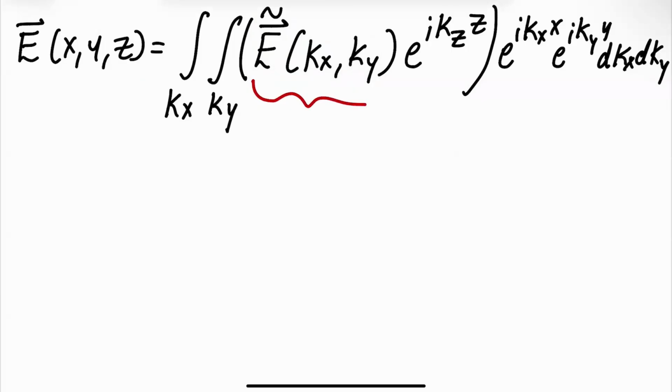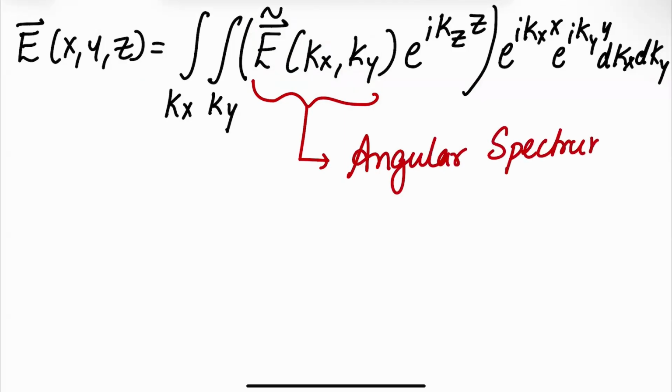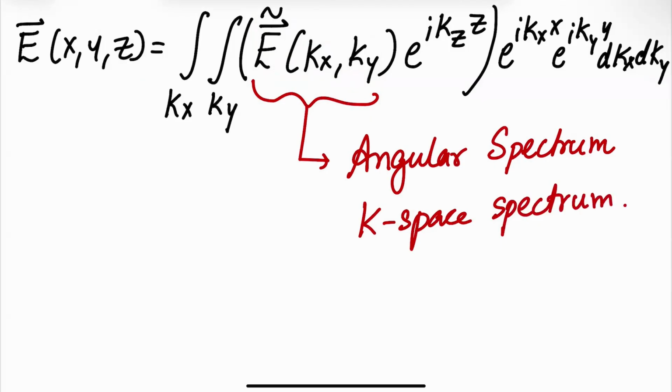So this quantity is known as the angular spectrum or the K-space spectrum, similar to how you have an omega spectrum for a given signal. In K-space, it's a two-dimensional spectrum. It's only a function of kx and ky.